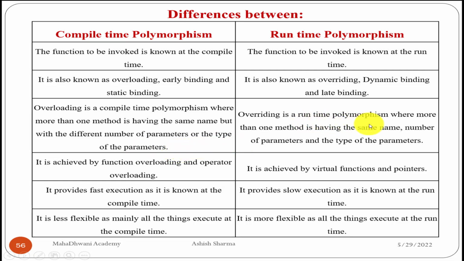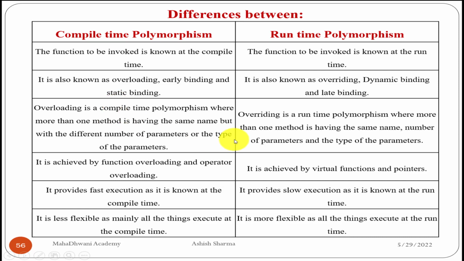Overriding is a runtime polymorphism where more than one method has the same name, number of parameters and type of parameters in different classes. Whenever we talk about overriding, it means we are using the inheritance concept. When we talk about overloading, it means we are using same-name functions in the same class.